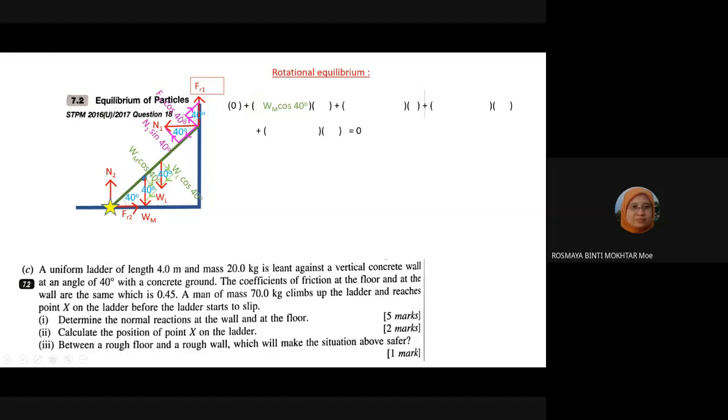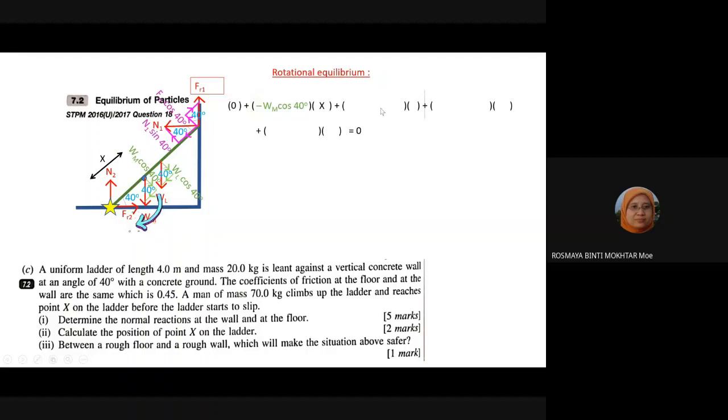Okay. So for WM cos 40 degrees here, it makes clockwise. WM makes clockwise. So therefore, it's a negative sign. Then times the x distance from the fixed point, which is x.